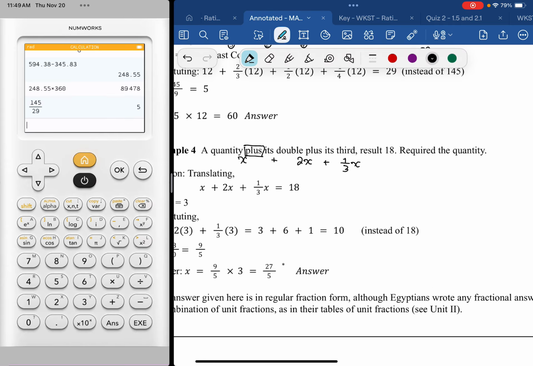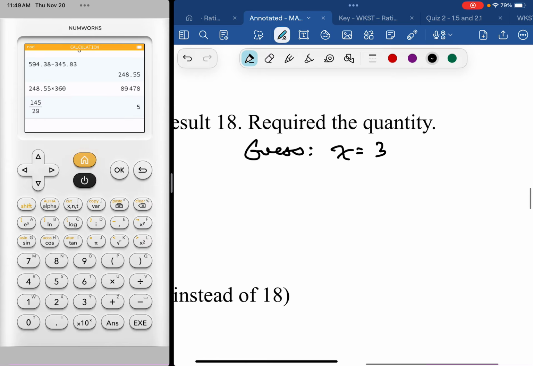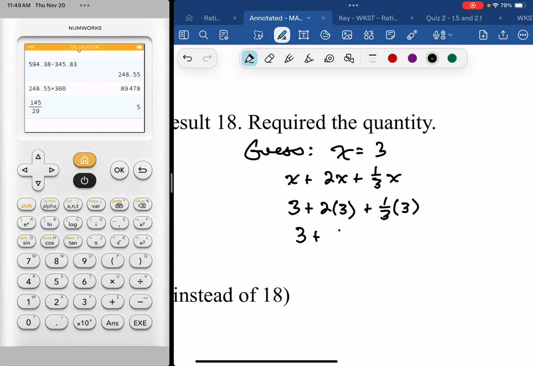In this case, we could just try 3. All right, so I'm going to guess x equals 3. So x plus 2x plus 1/3 x. So 3 plus 2 times 3 plus 1/3 of 3 gets you clean numbers every step of the way, which gets you a result of 10.